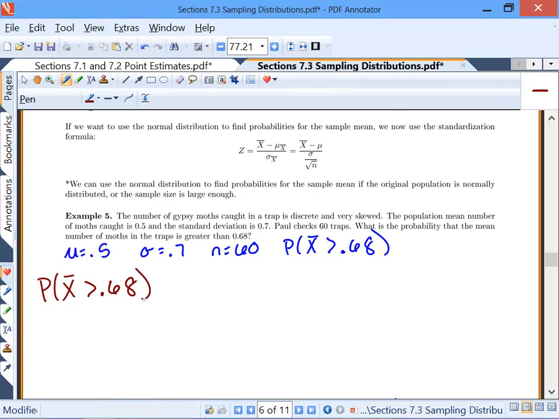Now technically you guys have already done problems like this, correct? When we did section 5.2, our combinations of normal random variables. And so to do this, I'm going to standardize. I'm going to do x bar minus the mean of x bar over the standard deviation of x bar. So it's greater than 0.68 minus what is the mean for x bar?